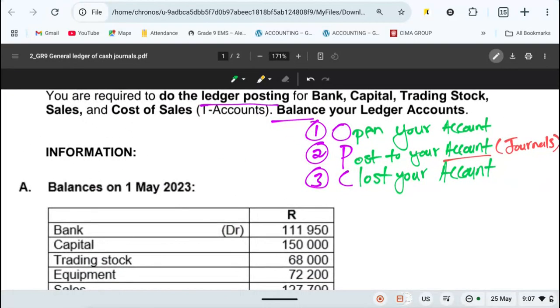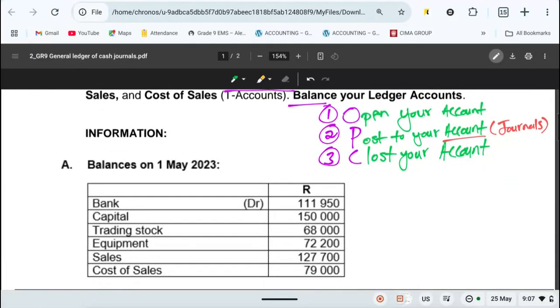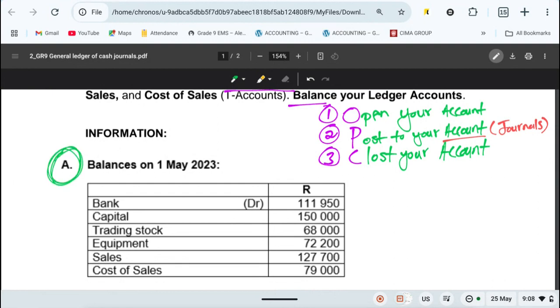The first thing that we need to make sure we complete our accounts, the first thing that is required, is information A. Information A says balances on the 1st of May. So we know these are the opening balances. The first step is to open your account.